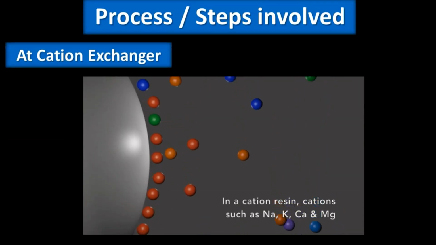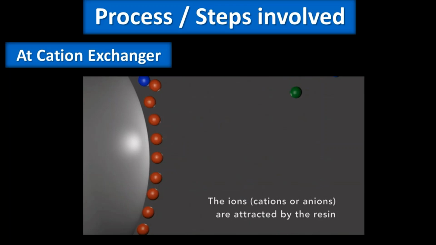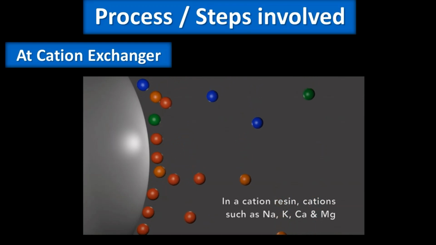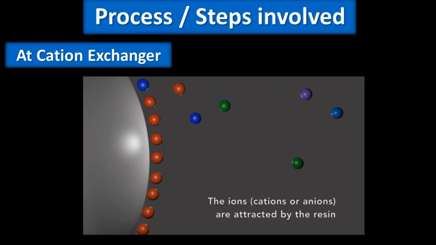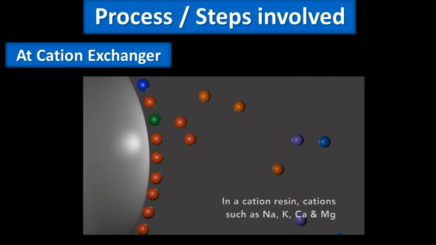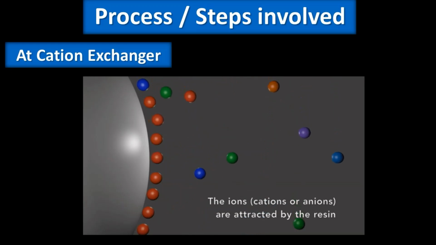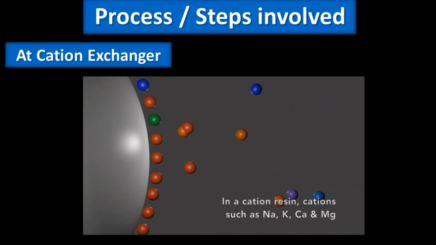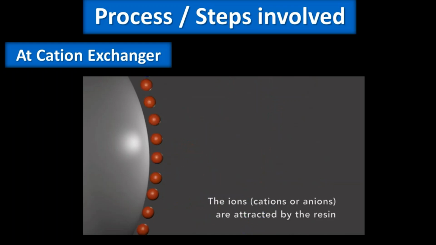At the cation exchanger, the H plus ions present in the ion exchange resin are given to the water, and the ion exchange resin takes up calcium 2 plus, magnesium 2 plus, Na plus, K plus, etc. So this is a simple adsorption process and also an exchange process. This is how all the cations are removed from the water and H plus is given to the water. Here you can see the H plus, the red color balls, going to the water, and the blue color, green color cations from water are getting adsorbed to the ion exchange resin, that is the cation exchanger resin.